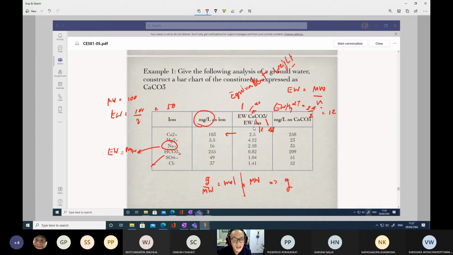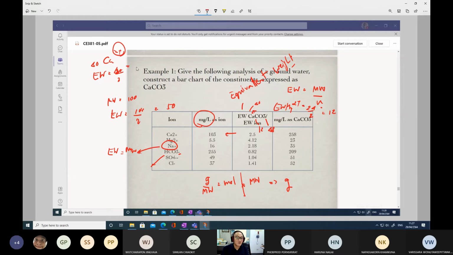And what about calcium? EW of the calcium. Calcium is 40. EW of calcium is equal to 40 divided by 2 because there are two charges that can be exchanged.